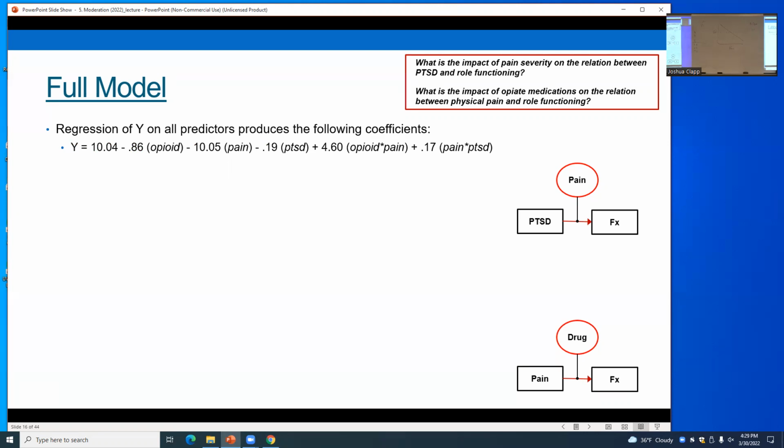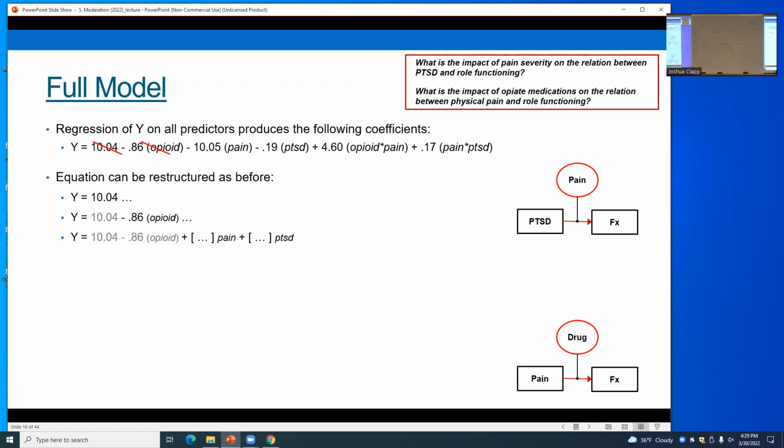Pain and opiate use are going to be my moderators. So I'm going to drop down first my intercept, then my opiate use, because opiate use is a moderator, but it's not a conditional effect. And I'm going to pull down my two conditional effects, pain and PTSD.